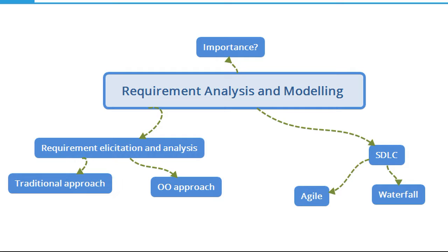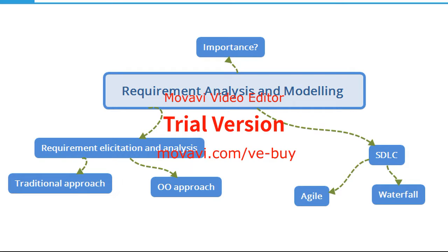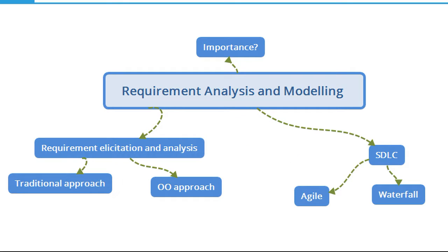Basically, requirements analysis and modeling is the process of gathering requirements from the clients for developing a specific piece of software. These requirements are to be gathered before the development starts.